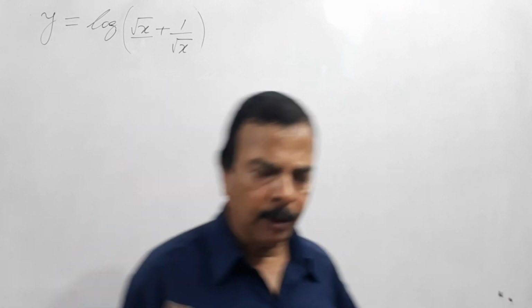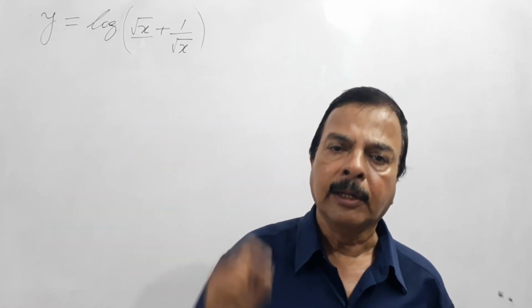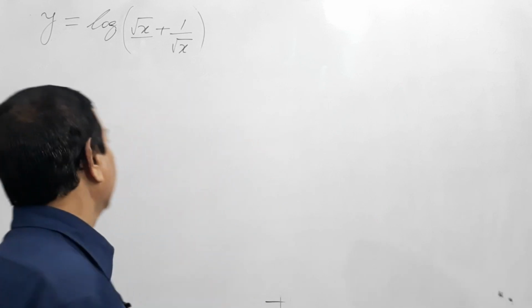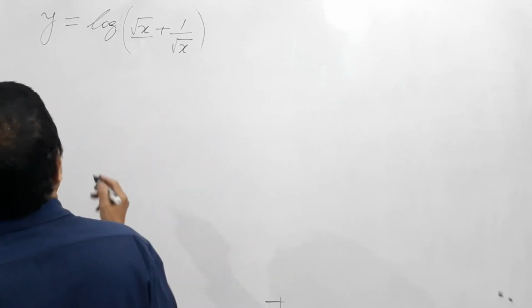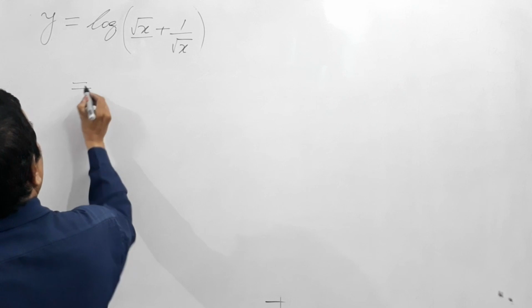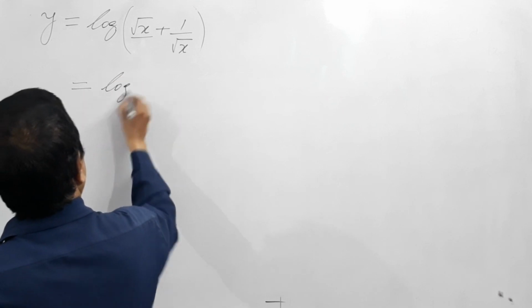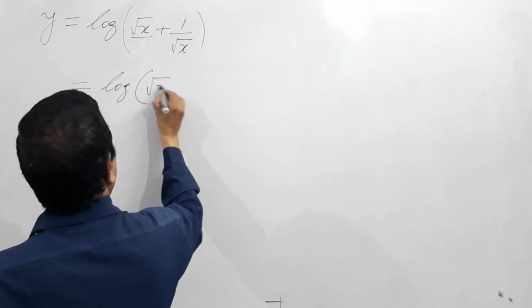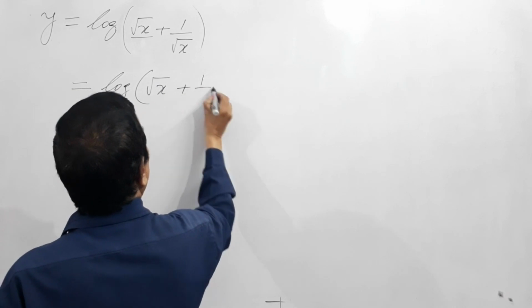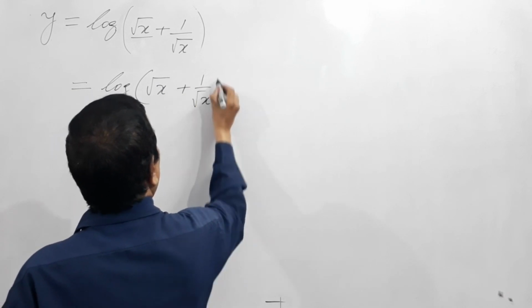When I take a logarithm, I'll teach you in detail, but now you try to know what is required. So this can be written as what? I'll simplify this. This becomes log of root x plus 1 by root x.